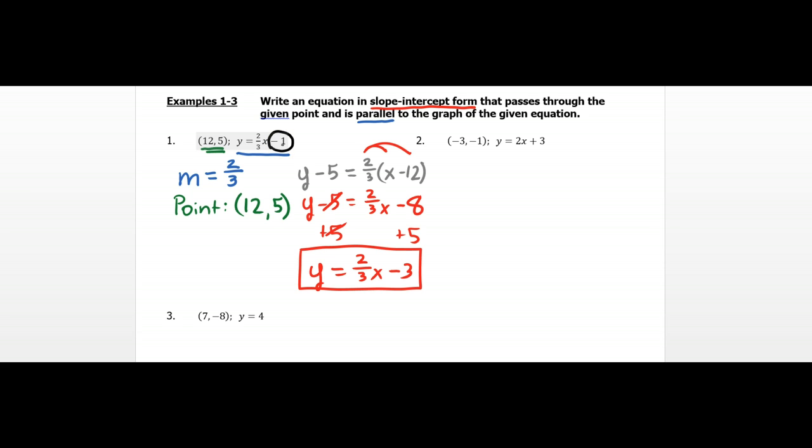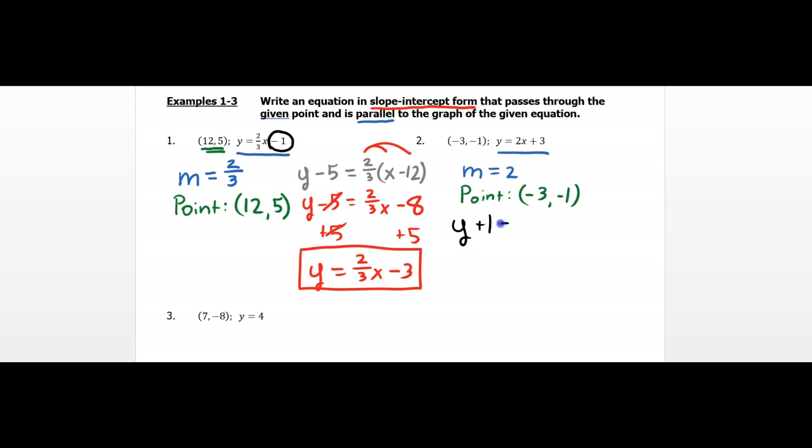Okay, looking at number 2, this time we have the point -3, -1. The equation we're given is y equals 2x plus 3. I know for a line to be parallel to this equation, it has to have the same slope. So that means it has a slope of 2. And the point that we're going through is -3, -1. So we're going to write an equation again in point-slope form.